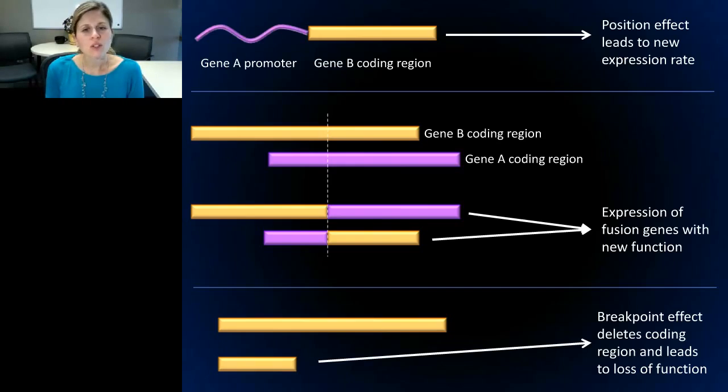So the coding sequence for this region on gene A is then going to be fused to the coding sequence of this region on gene B. The outcome is these fusion genes down below, showing that we have these new sequences put together.